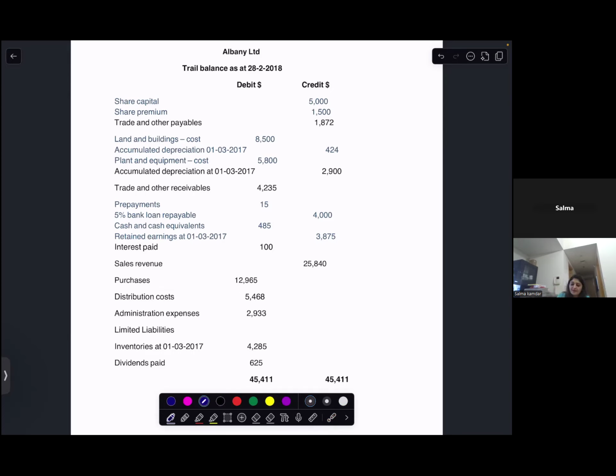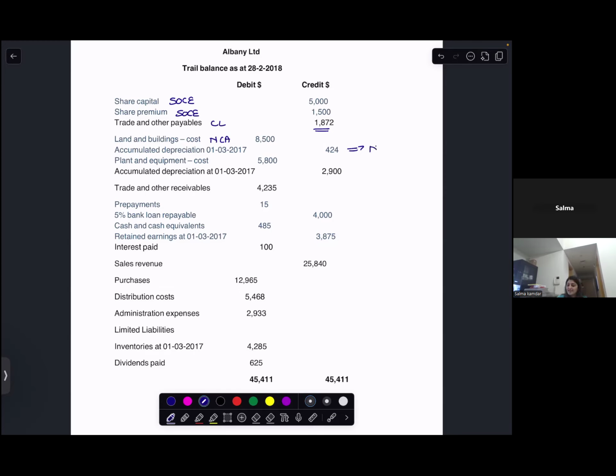When I say share capital, where will it go? SOCE. Share premium, SOCE. Trade and other payables, current liability. This will be NCA, and this is the provision for depreciation, or the accumulated depreciation.